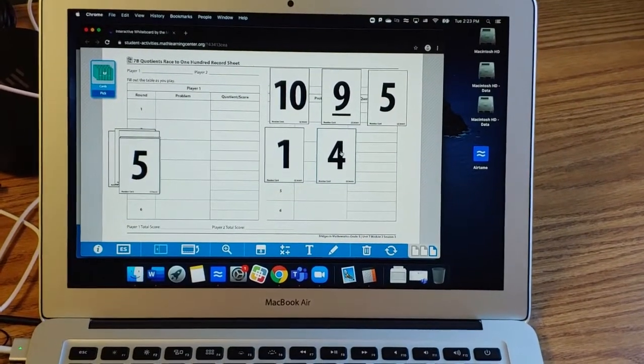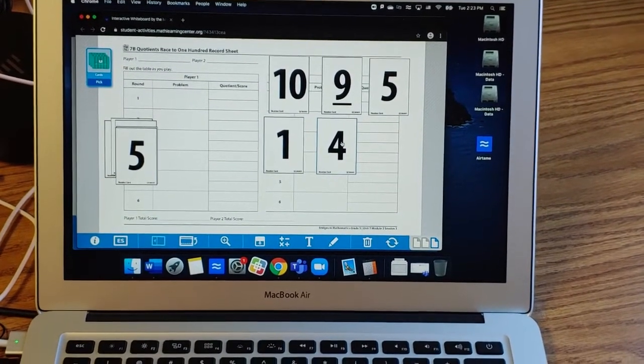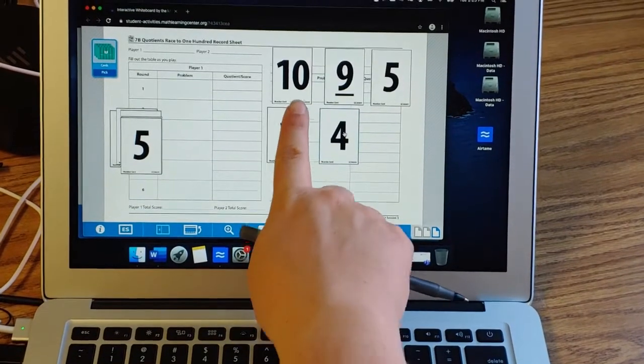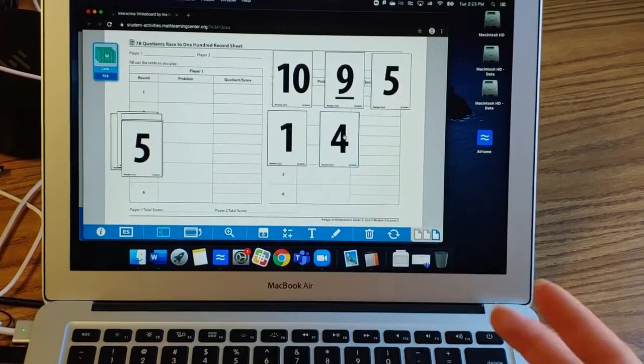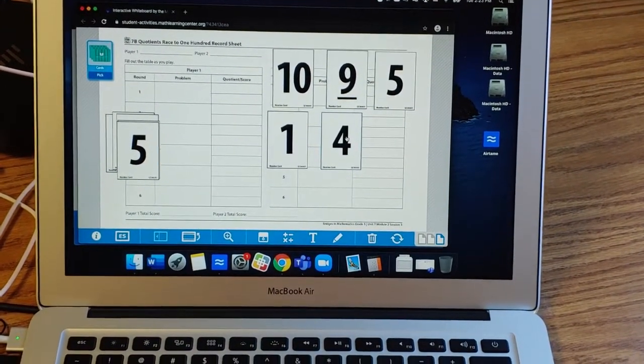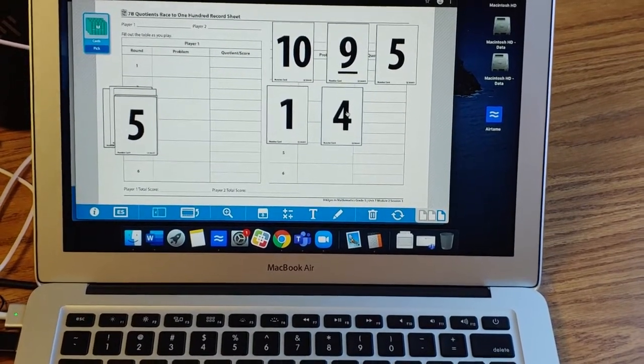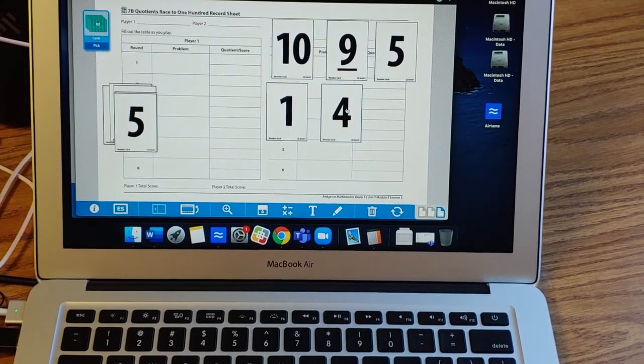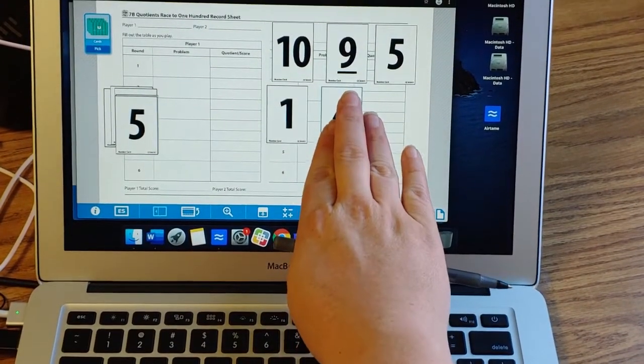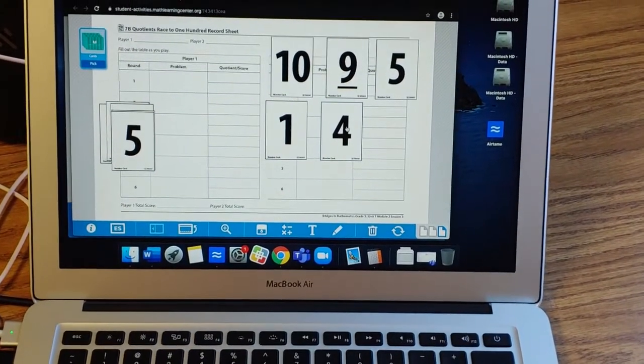So here are the 5 cards I drew. Notice that in this game, you can have a 10. That means you might have a 4-digit dividend, right? That bigger piece. Or you can just not use one of them, but I'm going to go ahead and leave it in there.